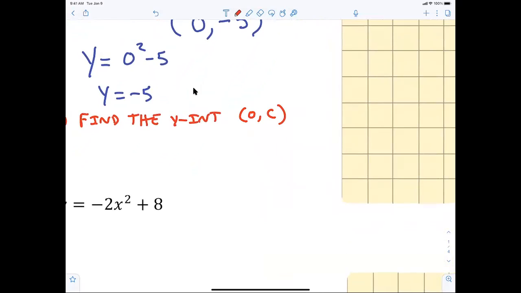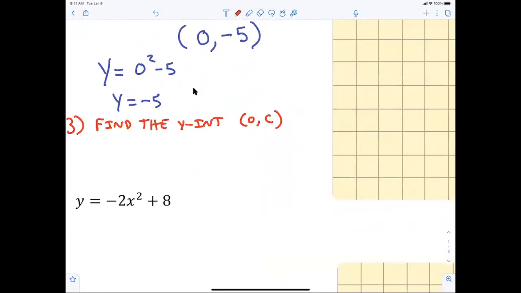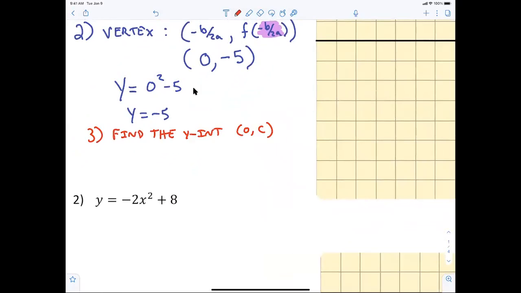The Y-intercept is always 0, c. Well, in this case, the Y-intercept is what? Yes, whoever said that's brilliant. The Y-intercept is the vertex. I just plug 0 into the equation. 0 squared minus 5 is still -5.